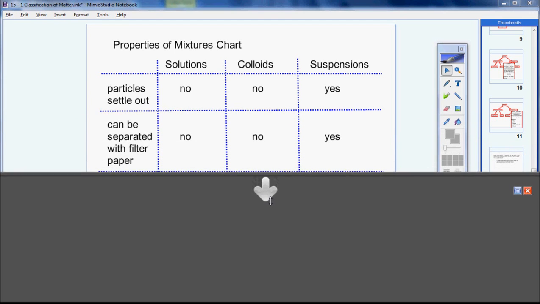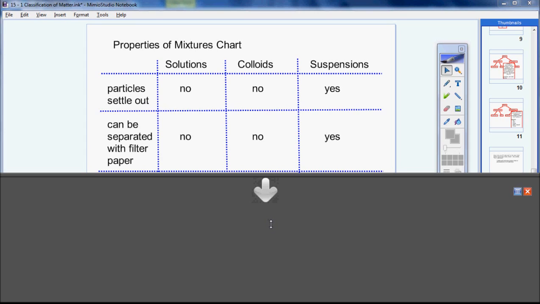Can be separated with filter paper. Some things, when you pour them through, will allow them to be separated, and some things will not. Solutions cannot be separated with filter paper. If you pour salt water through a filter, you're going to have salt water coming out of the filter. The particles are too small to be caught with filter paper. A colloid, if you tried to pour the colloid through the filter paper, it's not going to hold anything back.